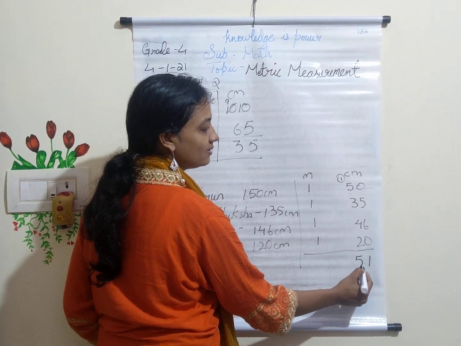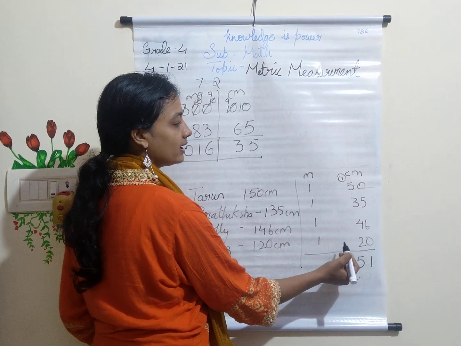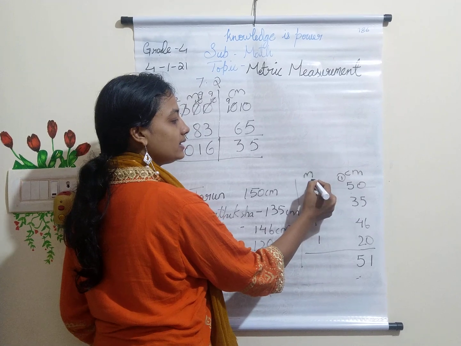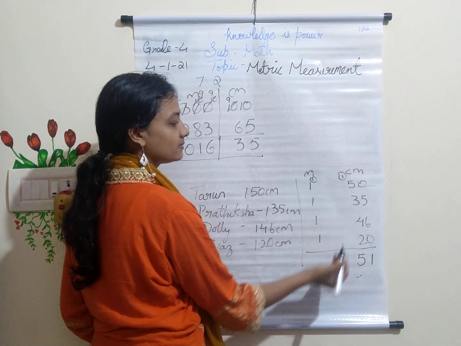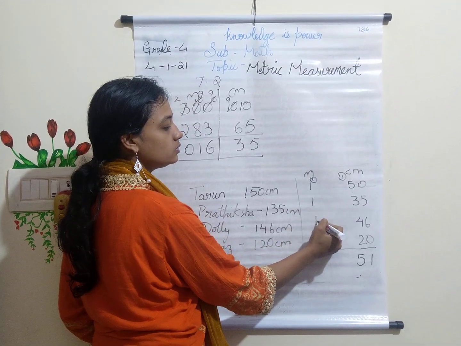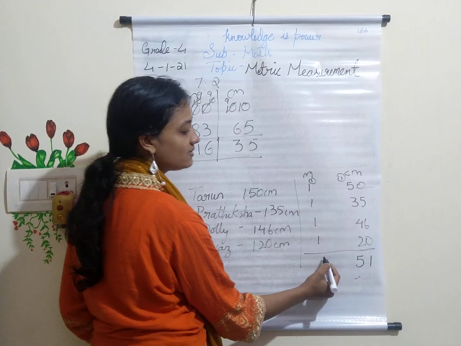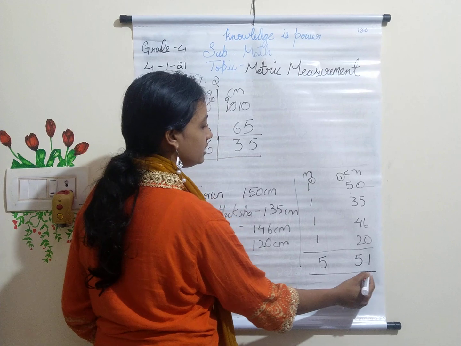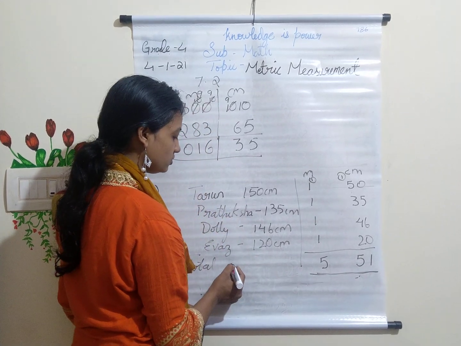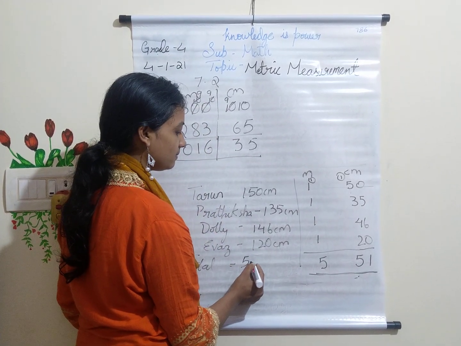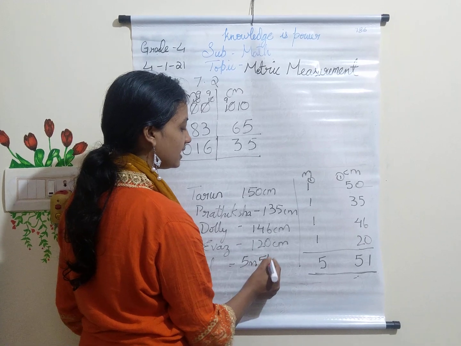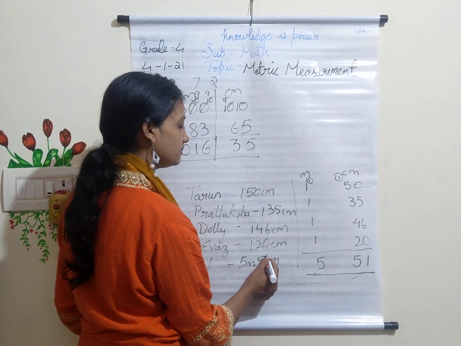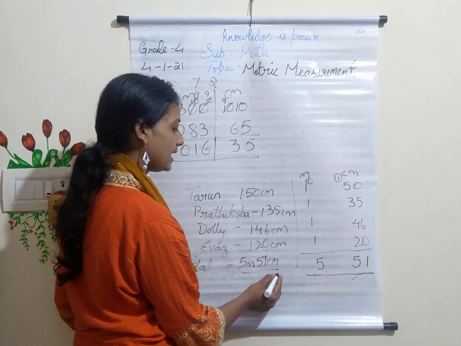So 5, and 1 carry to the next place. 1, 2, 3, 4. 4 plus 1 would be 5. So totally they would all measure 5 meters 51 centimeter. So this would be the answer.